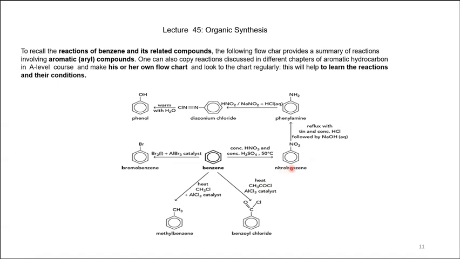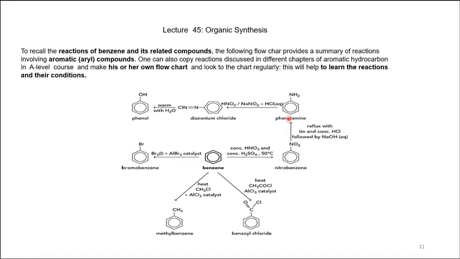So take an example, nitrobenzene. We can get phenylamine from nitrobenzene by reflux with tin as a catalyst and concentrated hydrochloric acid, followed by sodium hydroxide. So here are the conditions for going from one compound to another, that's a reaction.